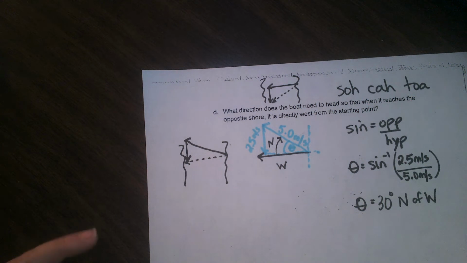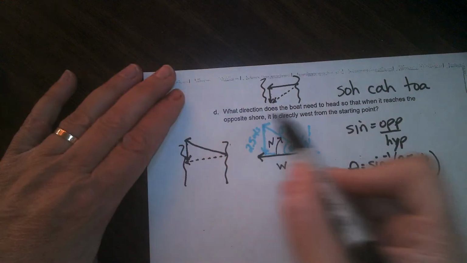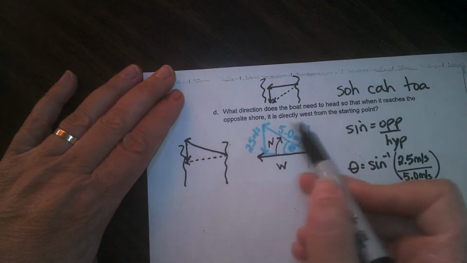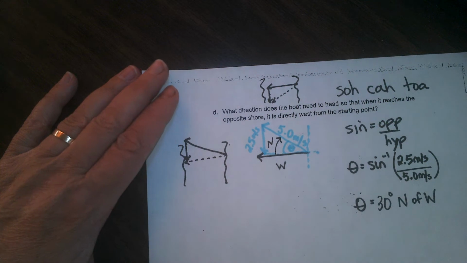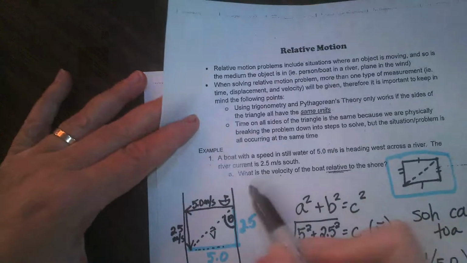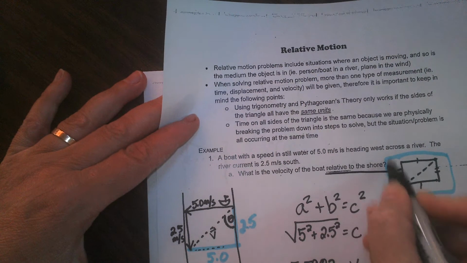Okay? And so it says, what direction does the boat need to head so that when it reaches the opposite shore, it is directly west from the starting point? When we go back to the original question, it says, what is the velocity of the boat relative to the shore?